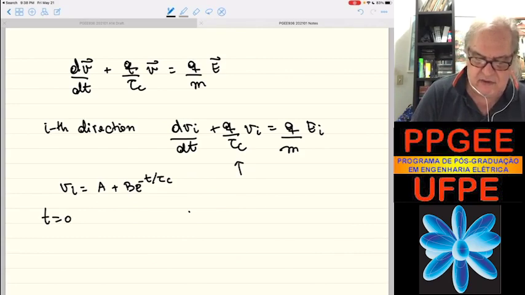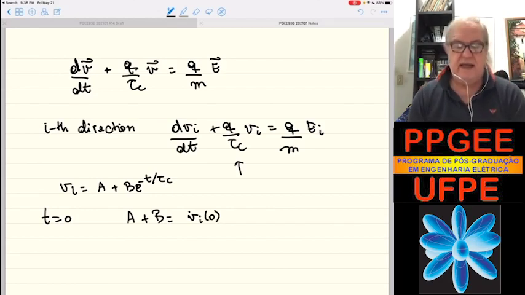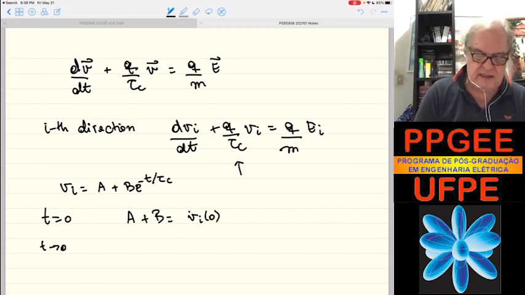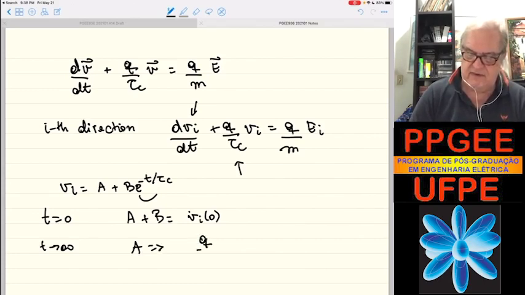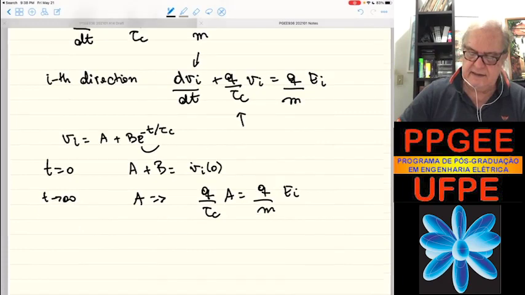At t equals 0, A plus B equals Vi of 0. And as t goes to infinity, this term goes to 0. You have A equals, when the derivative equals 0, 1 over tau c times A equals q over m times Ei.